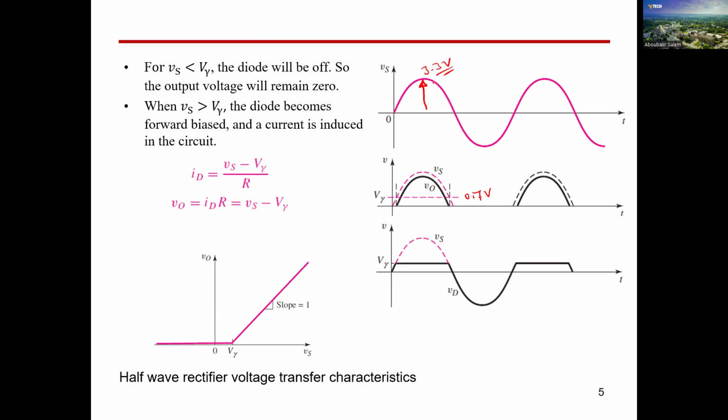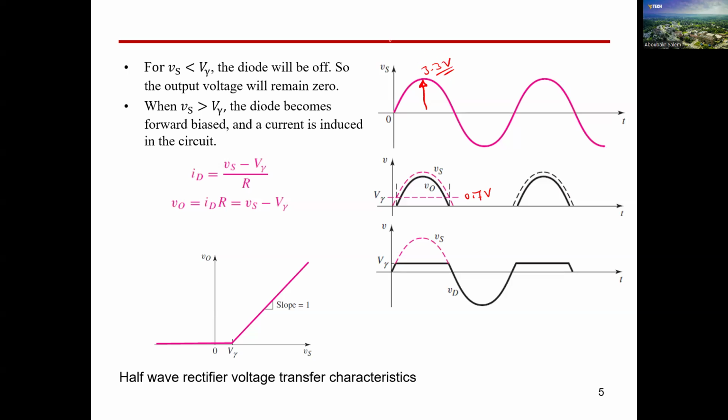You know, 3.3 is one of the levels we need a lot today in our electronic circuits. So assume this is 3.3 volt. What will happen in order to operate this rectifier if the supply is 3.3 volt? 3.3 is the peak value, by the way. Okay, so this is the peak value, 3.3.